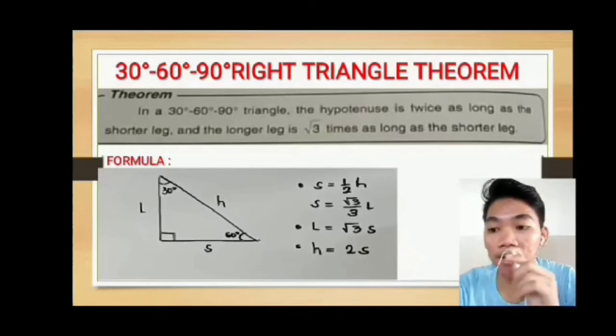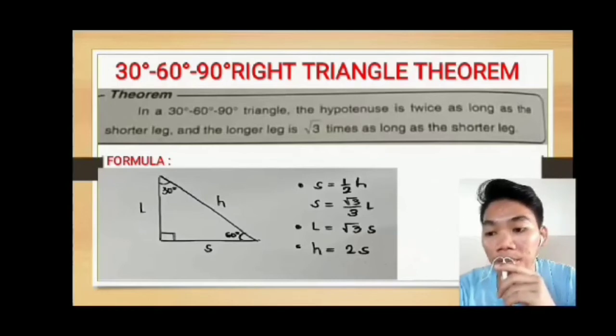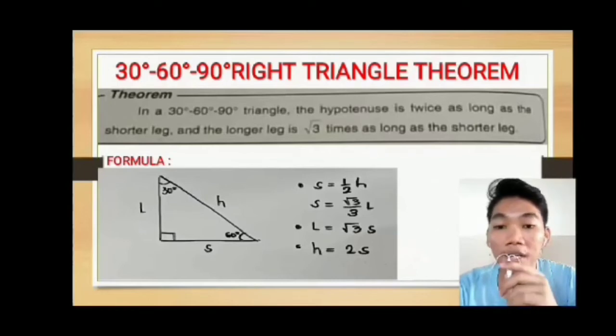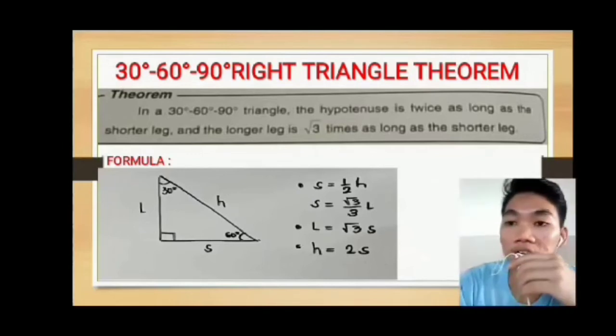Okay? Kapag leg naman yung hinahanap natin, leg is equal to square root of 3 times the shorter leg. Kapag hypotenuse naman yung hinahanap natin is twice the shorter leg. Ita-times 2 lang natin siya. Okay? Then, proceed na tayo sa example natin, guys.